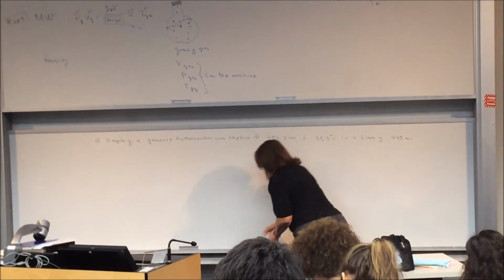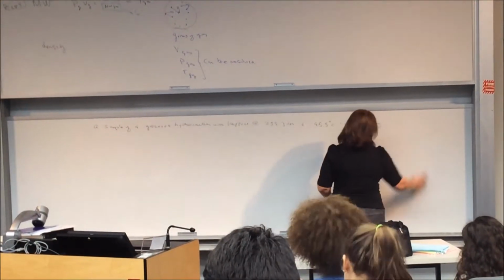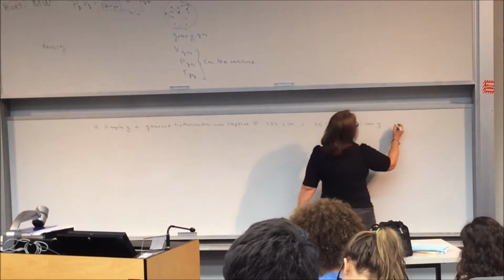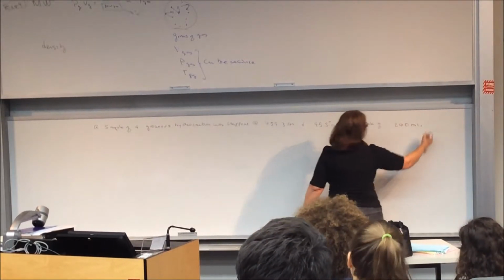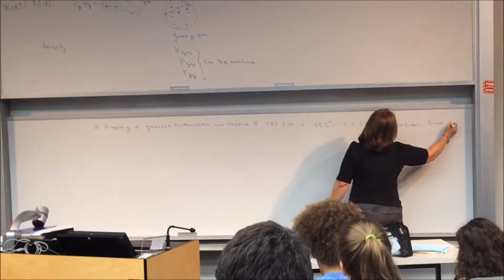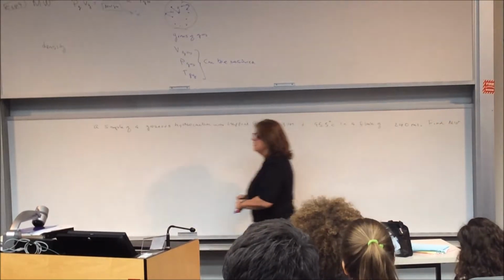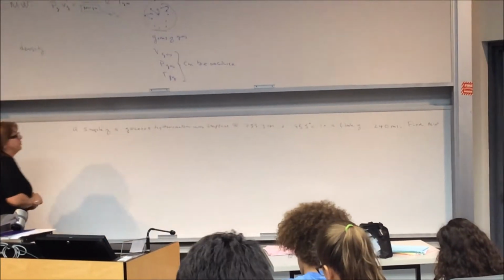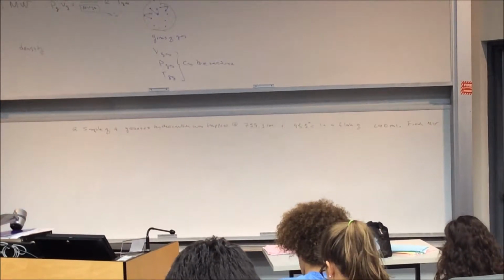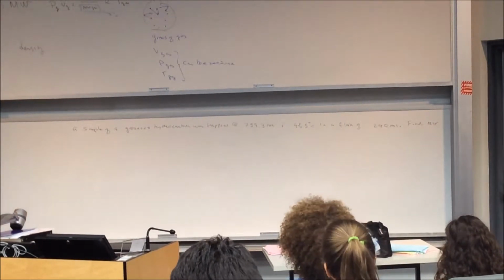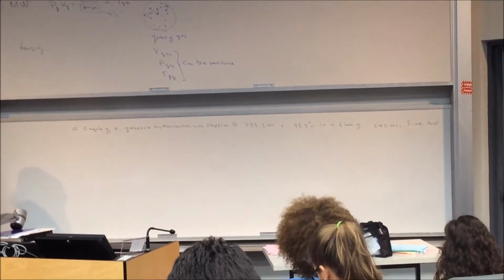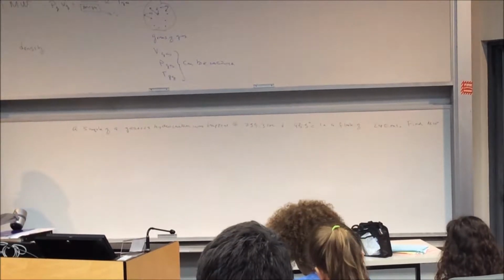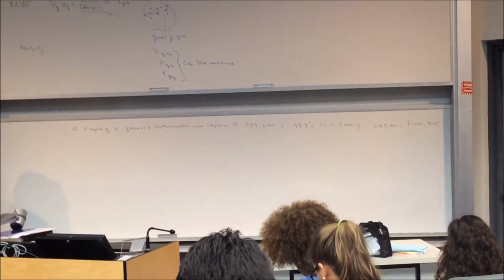In fact, make it a little smaller. Make it 240 milliliters. Find the molecular weight of the gas. A sample of a gaseous hydrocarbon was trapped at 759 torr and 95.5 degrees centigrade in a flask of 240 ml. Find the molecular weight of the gas.